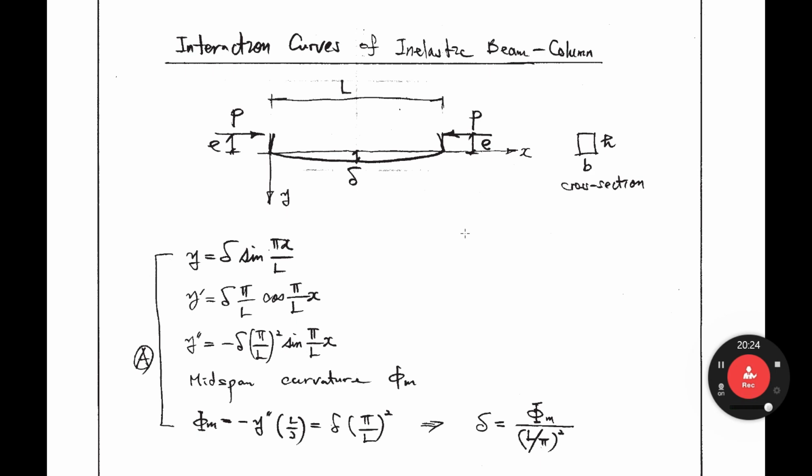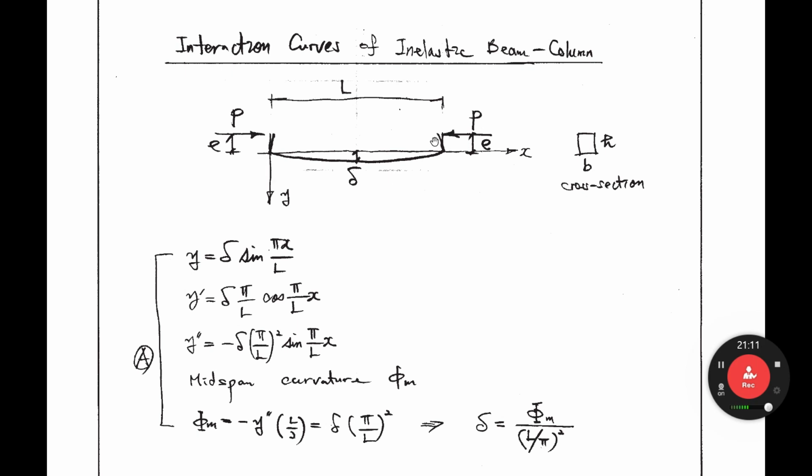There is interaction in strength of inelastic beam column, interaction between axial force and moment. If axial force becomes large, then moment should be small for a specific beam column. Okay? There is interaction. Let's derive those interaction curves.